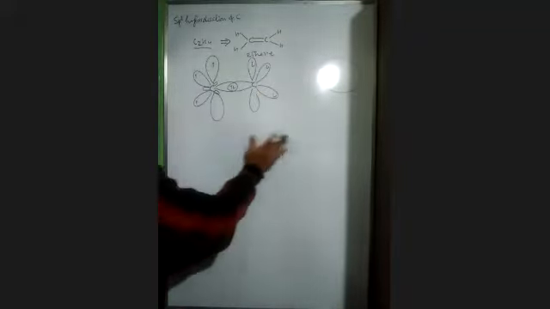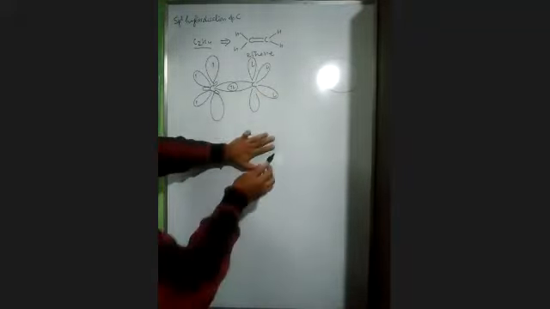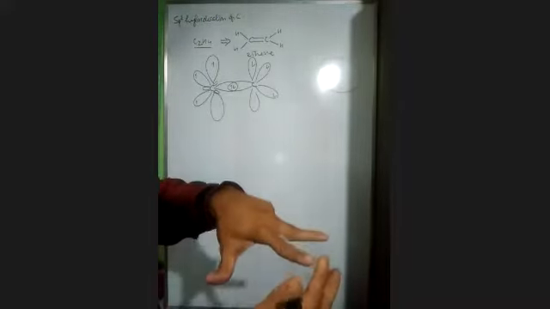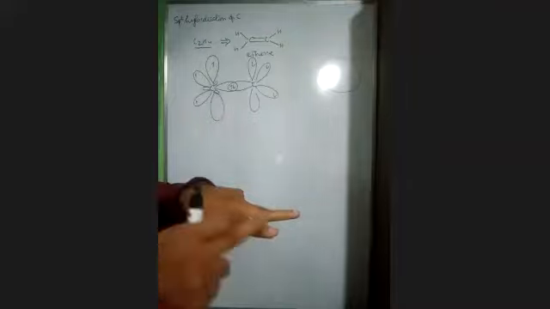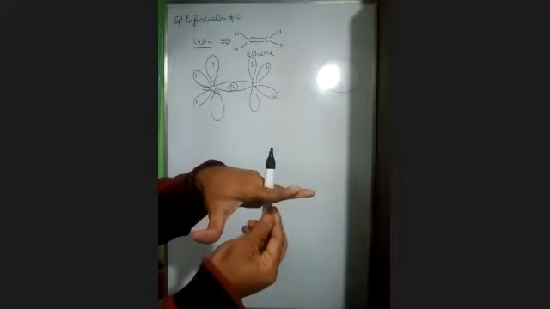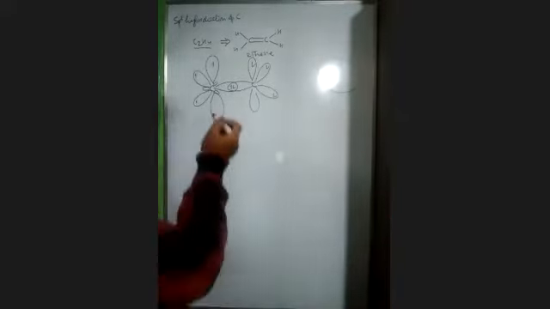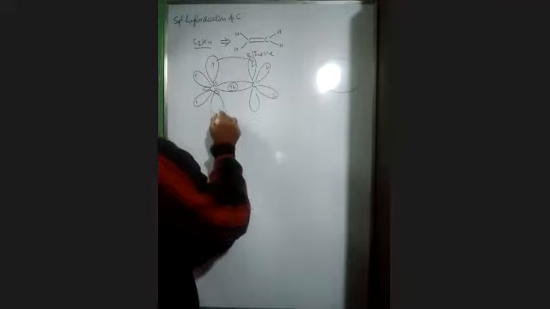Okay, so if this is the plane, this is the, see. If this 1, 1, 2, 3, these are the hybridized, unhybridized p orbital is like this. So from top it will overlap, and from bottom also will overlap. It will be like this.